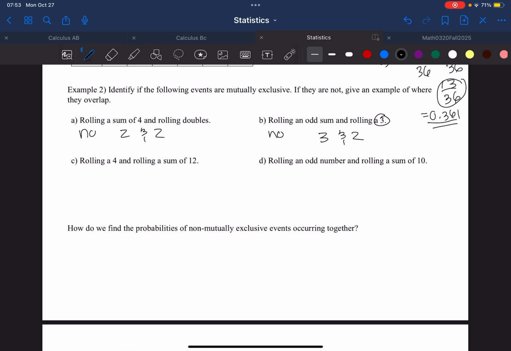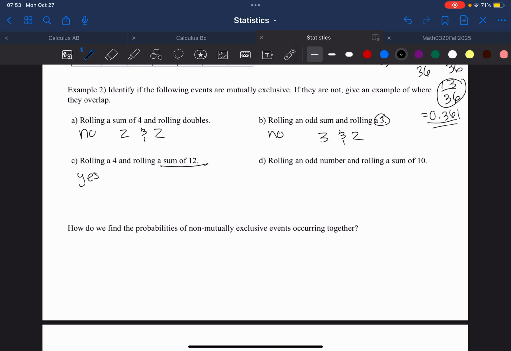C, rolling a 4 and rolling a sum of 12. This is mutually exclusive because the only way to roll a sum of 12 is if you have 6 and 6. There's no way of rolling a 4 if you have to roll 2 sixes. And then part D, rolling an odd number and rolling a sum of 10.